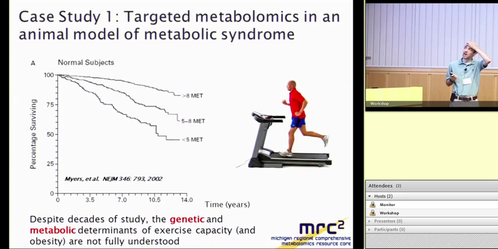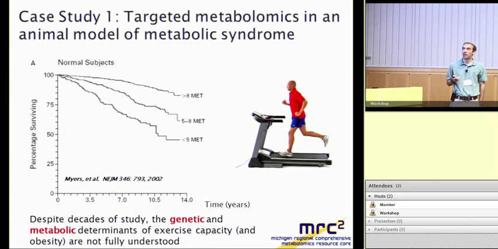It turns out that exercise capacity is a great predictor of overall health, mortality, disease risk, and many other things. This is a classic study in the New England Journal of Medicine where they took middle-aged males and measured their exercise capacity and graded it on a term they called metabolic equivalence. A higher metabolic equivalent means a greater exercise capacity.